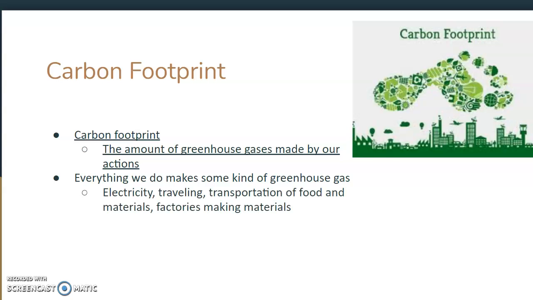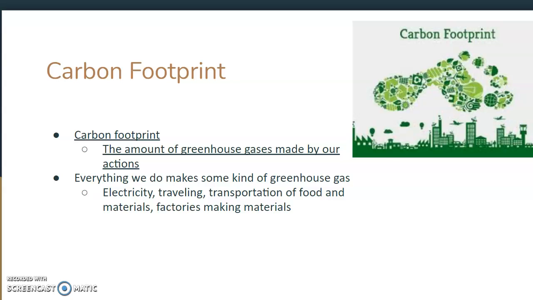So anything from using electricity, if we're traveling, like in a car or in a plane ourselves, if we're eating food that has been transported, so maybe think about where our apples come from. A lot of apples come from Washington in the United States. And how do they get to Honduras? Well, they have to get on a big boat.